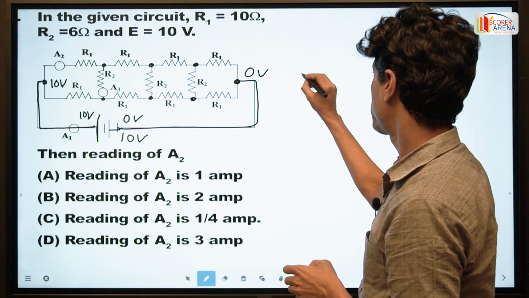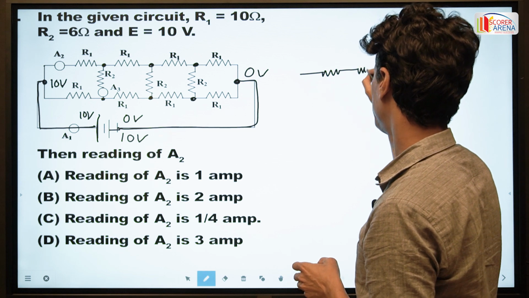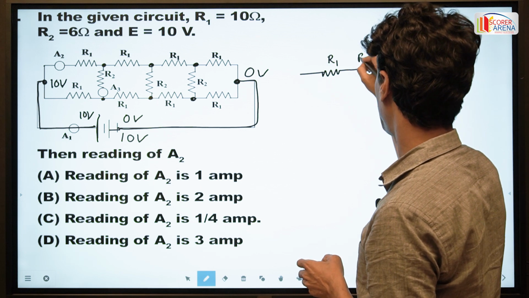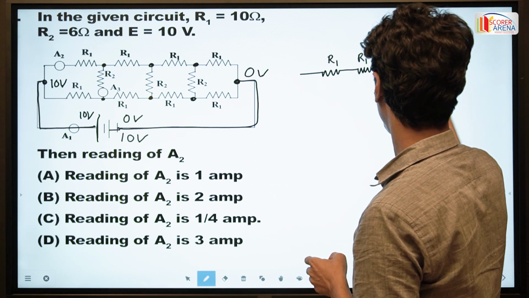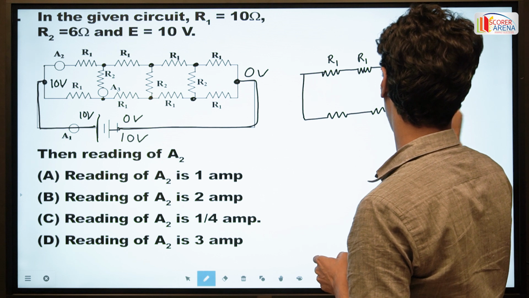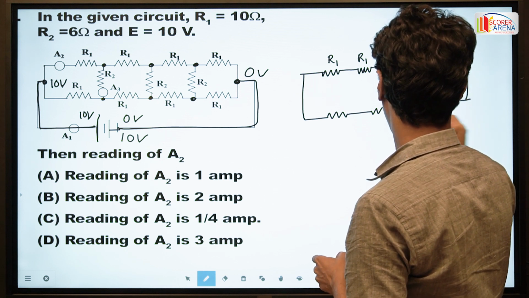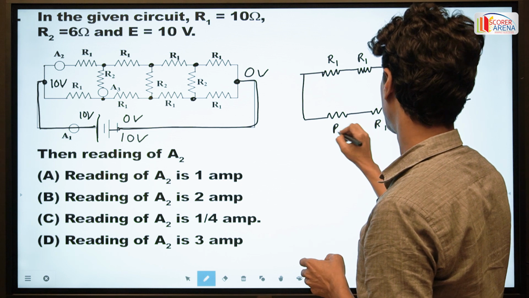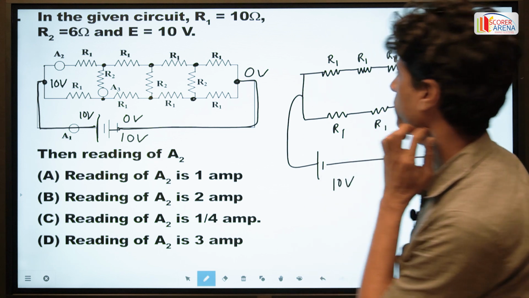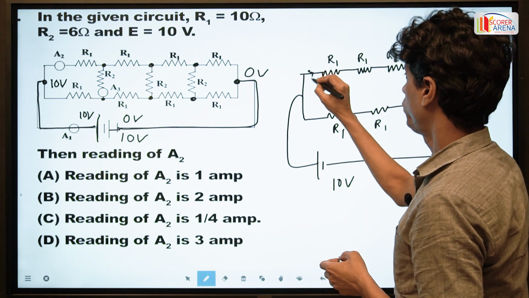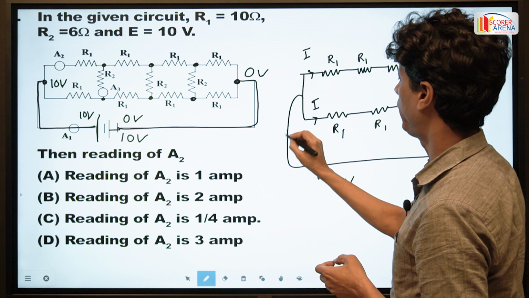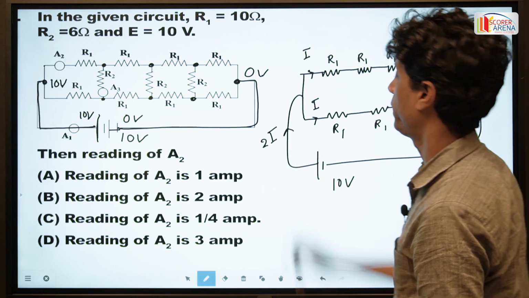This circuit can be simplified. It is not necessary, but for our better understanding, we redraw it with the R1 resistances connected across 10 volt. The current passing through this is I and through this is also I, and the total current is 2I.